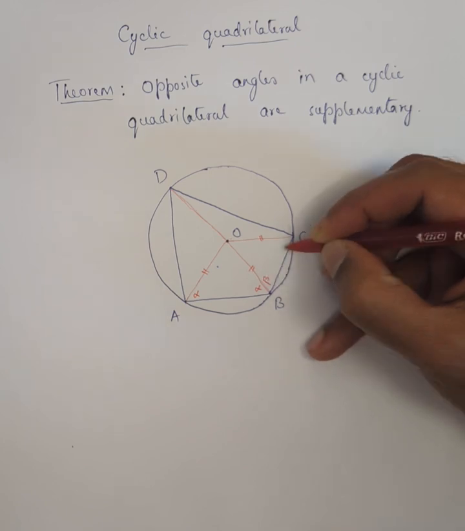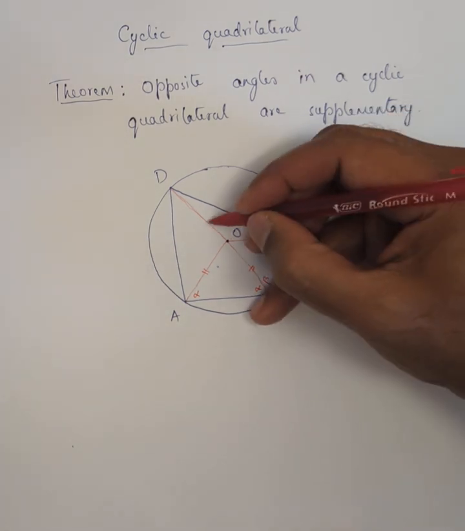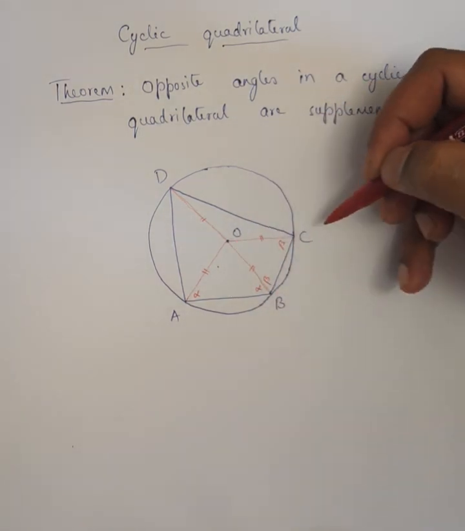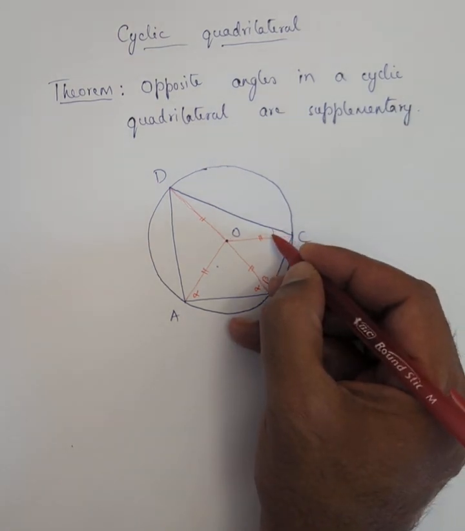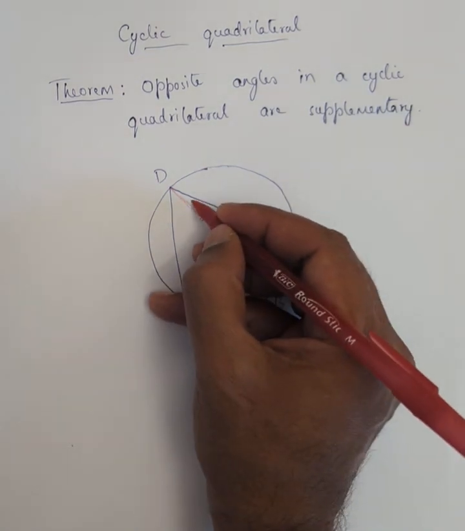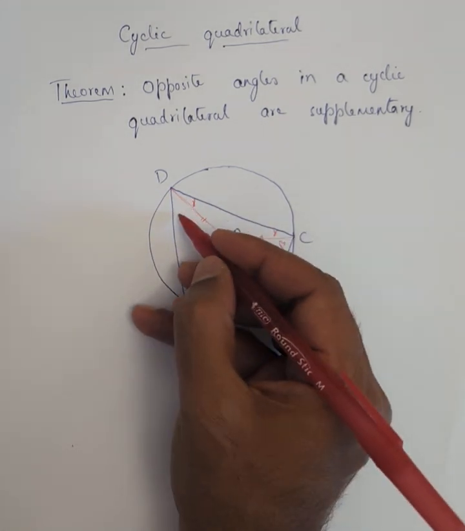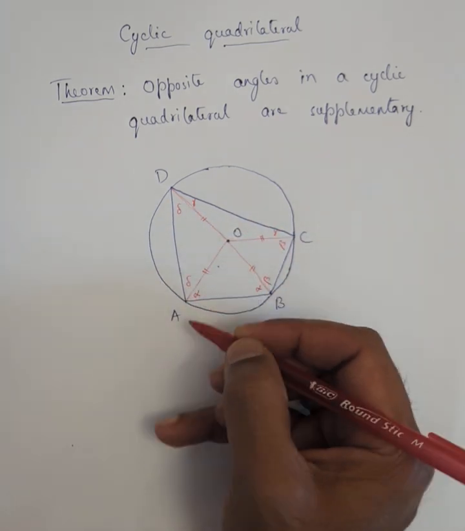So let's say they are equal to some other letter, beta. Similarly, if you focus on OCD, let's say these angles are equal to, say, gamma. And in triangle ODA, those angles are equal. So let's say they are equal to delta.